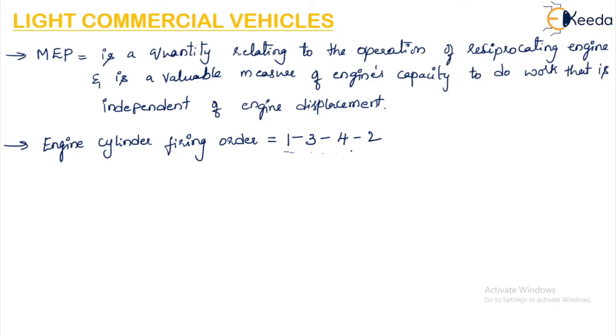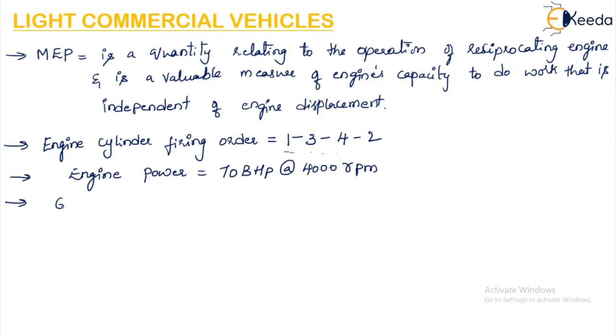In this order the engine cylinders will be fired. Then the engine power. What is the engine power of this truck or mini truck? That is 70 brake horsepower at 4000 revolutions per minute.